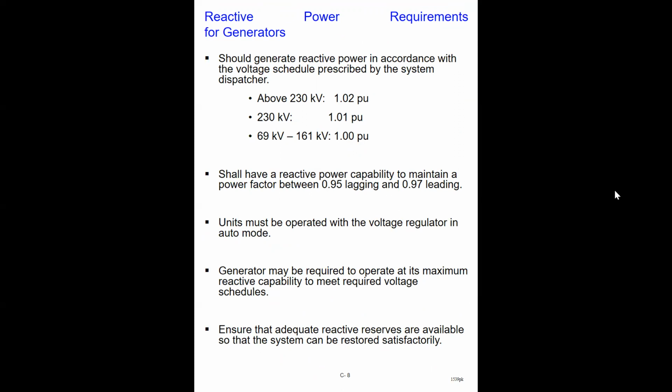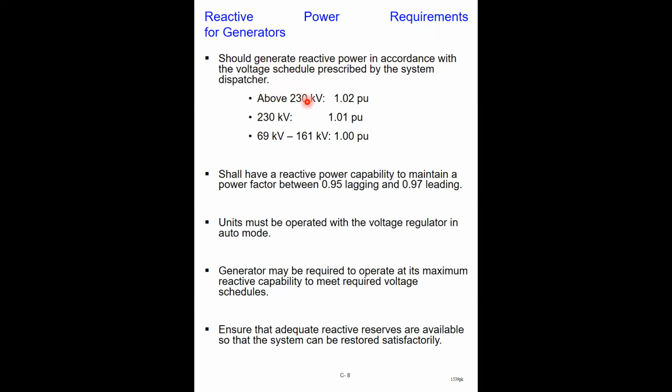Anyway, so here we have the requirement for the reactive power on the generator, and it says that the generator should be capable of generating reactive power so as to have the voltage as per the schedule value.